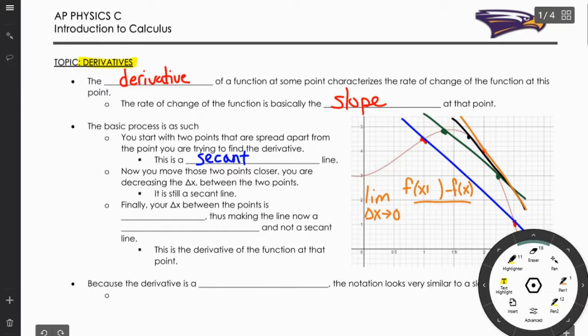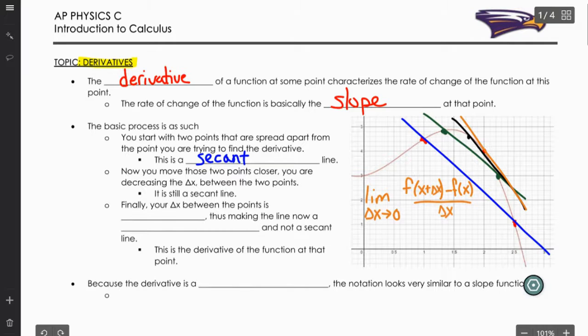So f of x plus delta x minus f of x, over delta x. Okay, so there's this big drawn out process where if I have the function, I plug in f of x plus delta x, I plug in f of x, and then I go through and simplify it, and it just gives me a generalized version of the slope at any point.